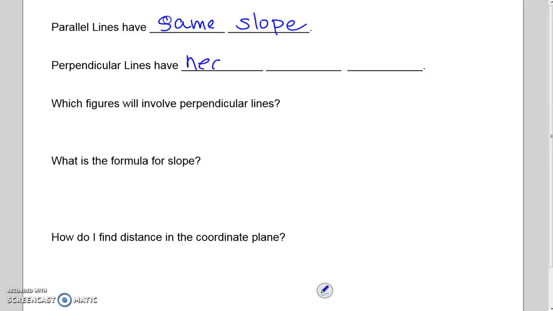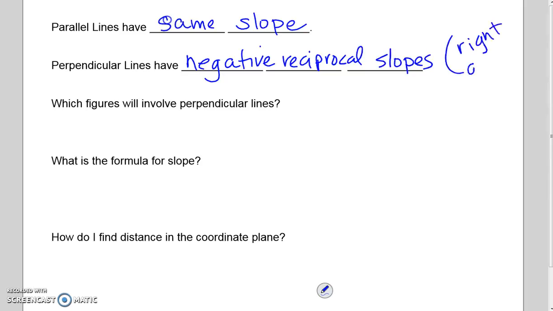Perpendicular lines have negative reciprocal slopes. And what that's going to tell me is where I have right angles.